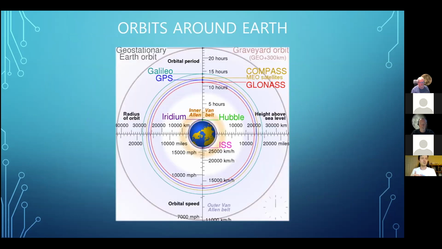Then, if we start looking at orbits around Earth, this is quite a busy picture, let's say. But we have some main orbits, and these are the ones that we discussed right at the start. The first is low-Earth orbit, and you can see these are very near Earth in this picture.